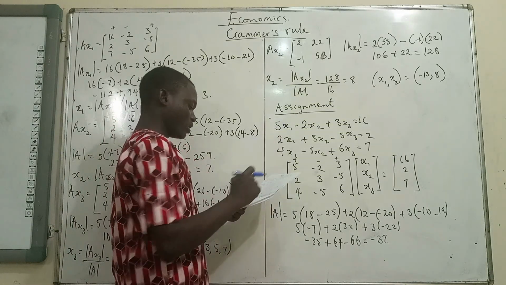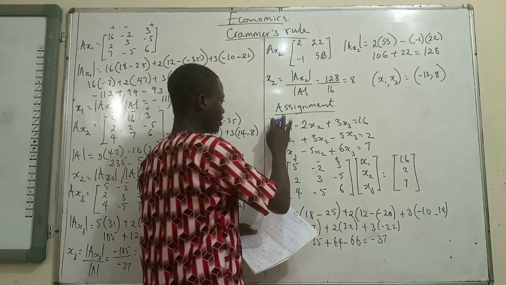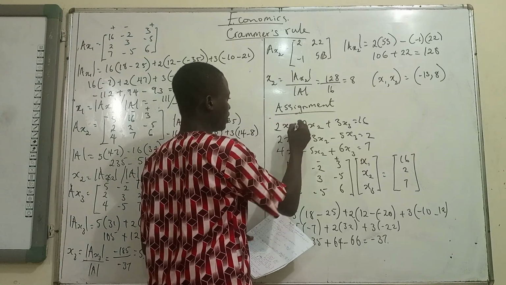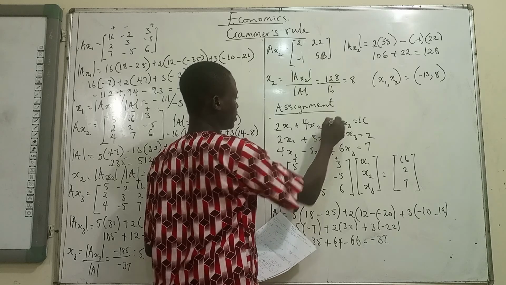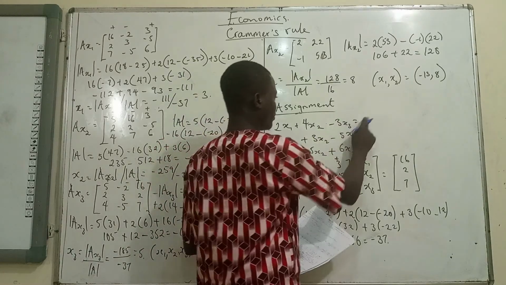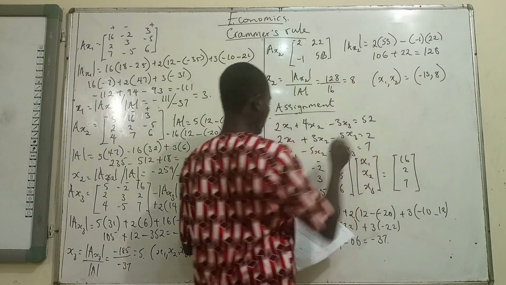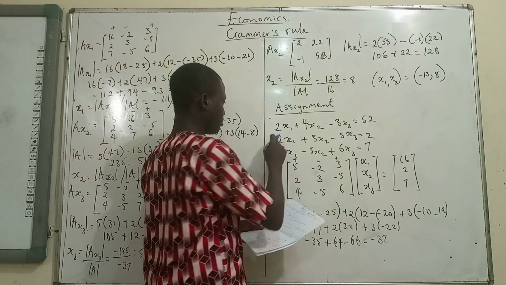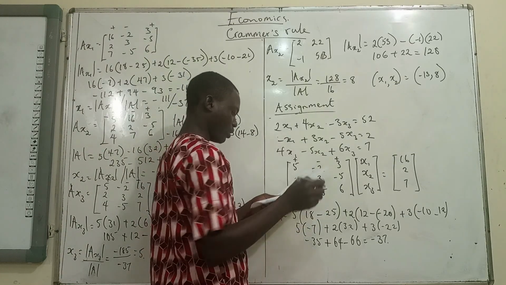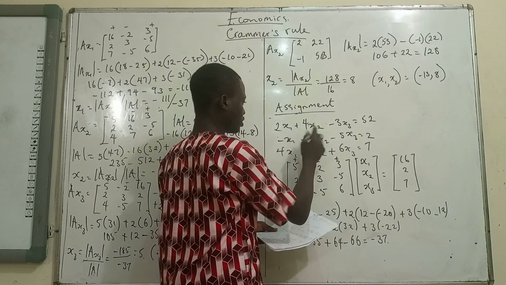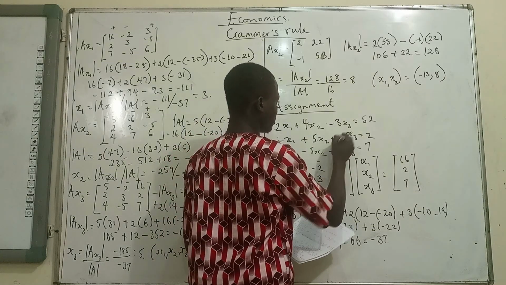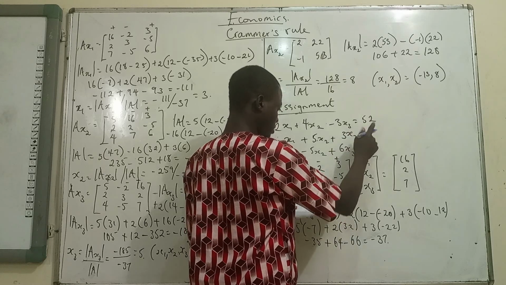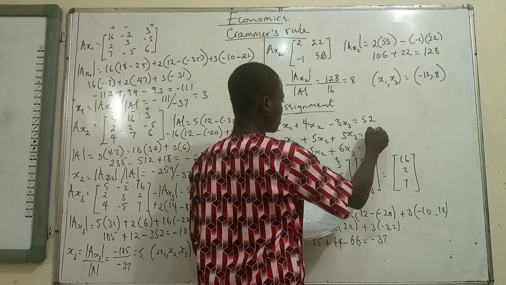Assignment, so this is going to be 2, 4, minus 3. So this is 2 plus 4, then this is minus 3, and then what we have here is 52. Okay, then this is minus x1 plus 5x2 plus 3x3 equals 72.